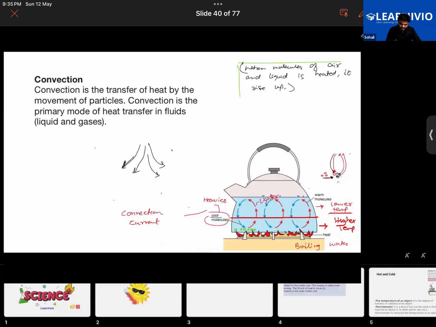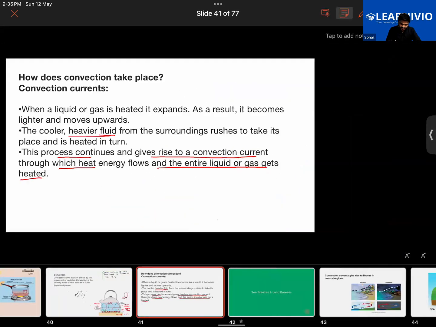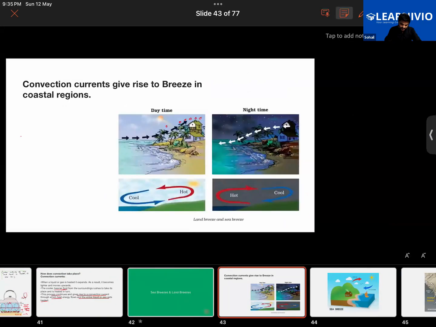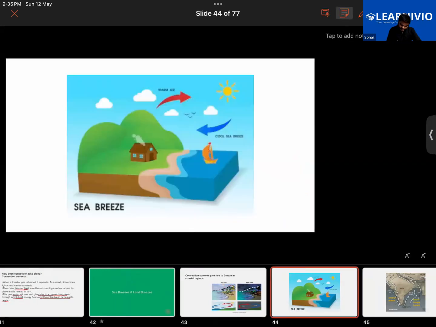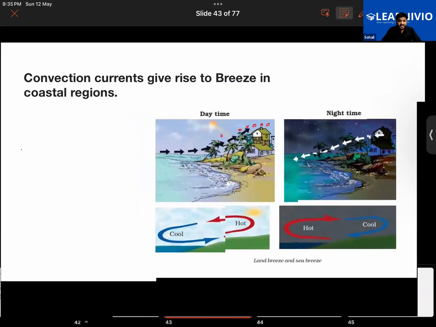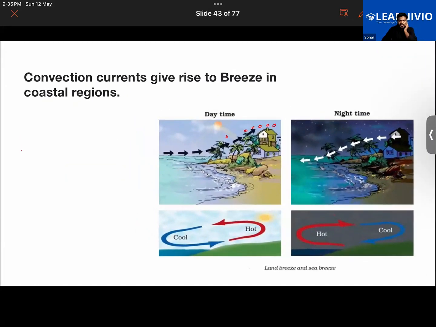Let's understand sea breeze and land breeze in detail. During the daytime, as we saw in the animation, the air above the land heats up faster, because land gets heated faster as compared to water. Water takes more time to heat up.